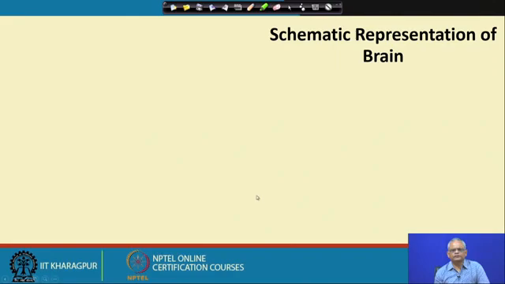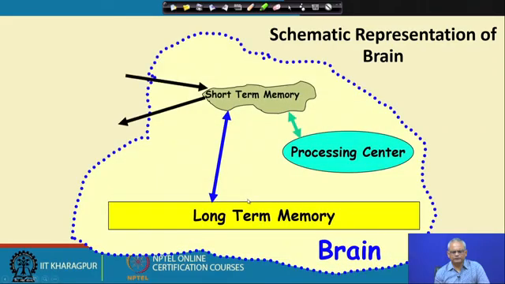If we put that down in the form of a diagram, we will see that the long term memory holds a large number of items. Depending on the person, it can hold billions, trillions of items, whereas a short term memory can hold only a few items, and then these are fetched from the long term memory.